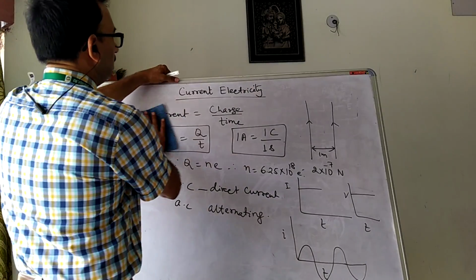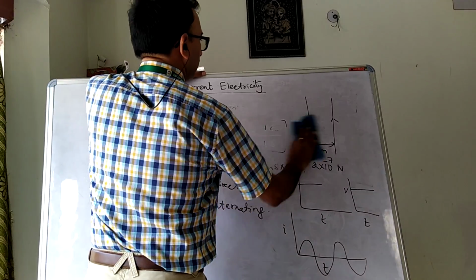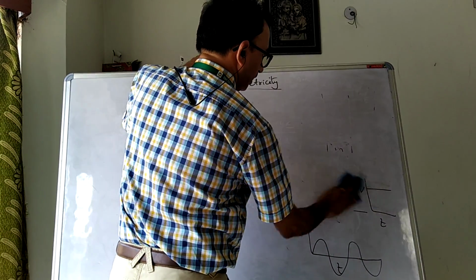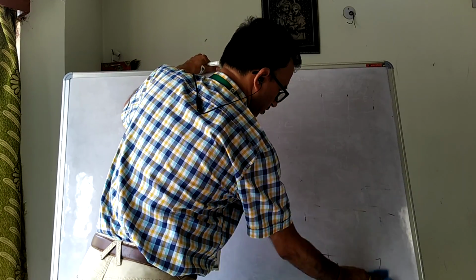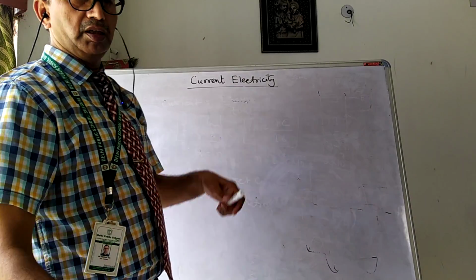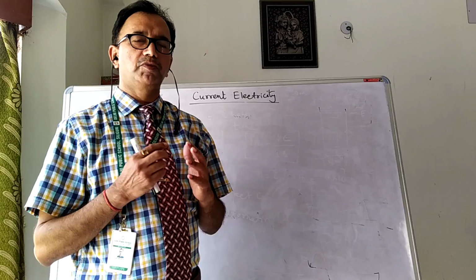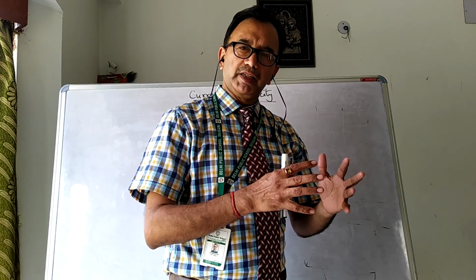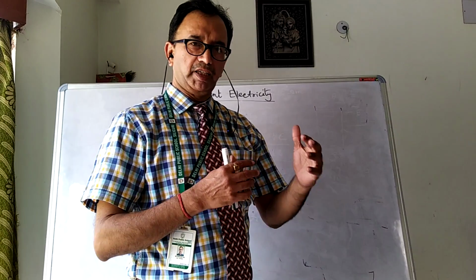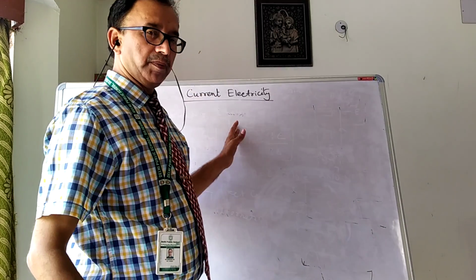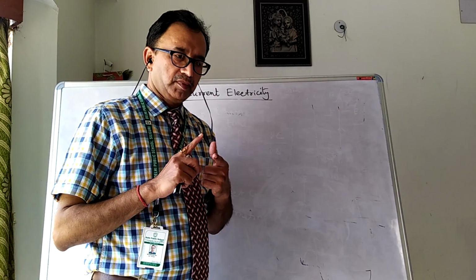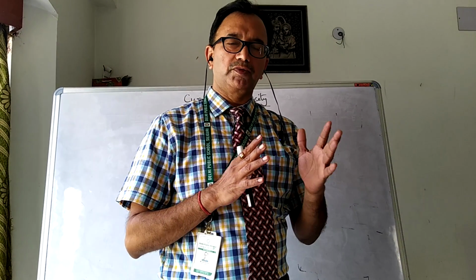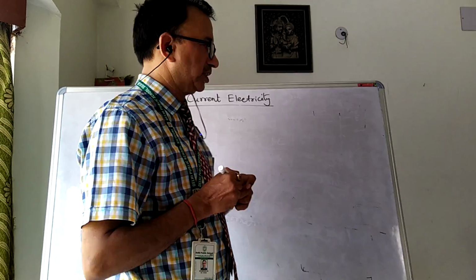Now, we know that electric current is the flow of electrons. When these electrons, the cloud of electrons, move from one end to the other, they collide with the other ions present there, and even collide among themselves. The obstruction or hindrance produced by the conductor to the flow of electrons is called resistance.